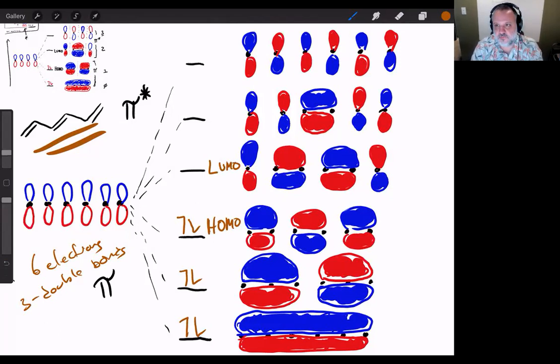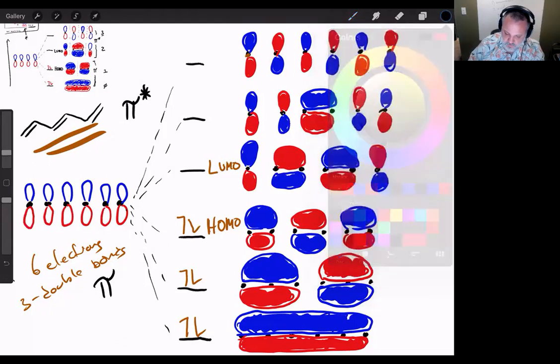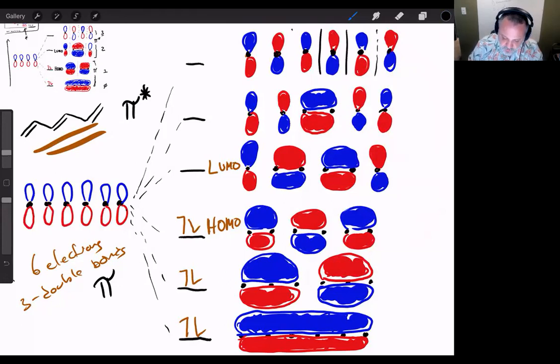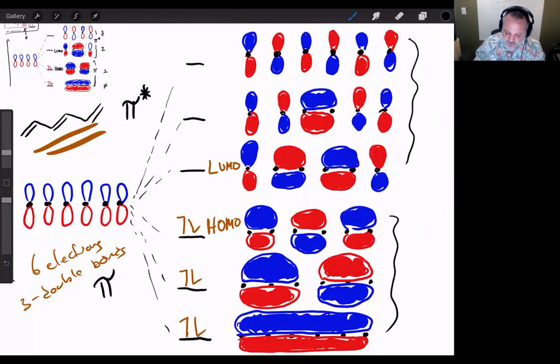6 dots in the middle. 1, 2, 3, 4, 5, 6 with 1, 2, 3, 4, 5 symmetrical nodes. Yeah, this whole set is anti-bonding and this whole set is bonding.